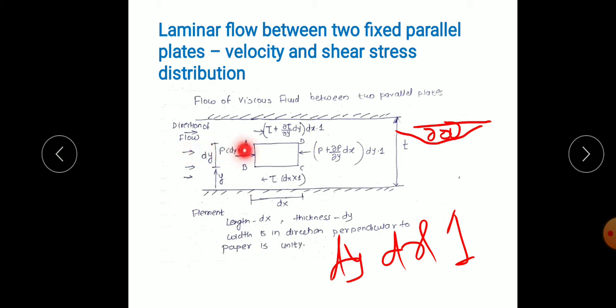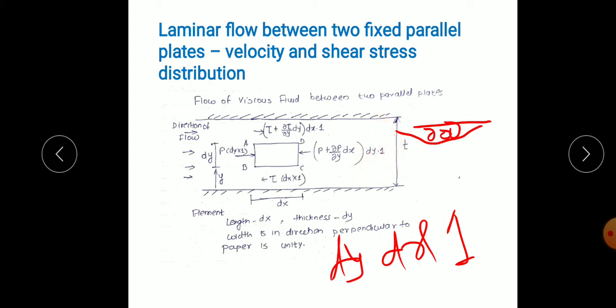One is the pressure force, given by pressure into the area of the element. The area of face AB is dy into the width 1, so the pressure force is P dy into 1. Similarly, the opposing force acting on face CD is P plus ∂P/∂x dx, into area dy into 1.